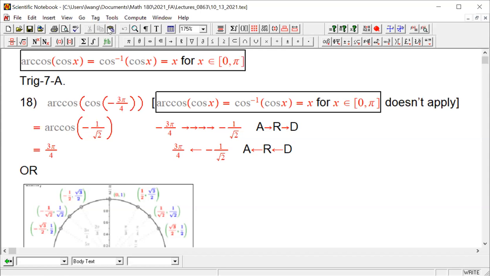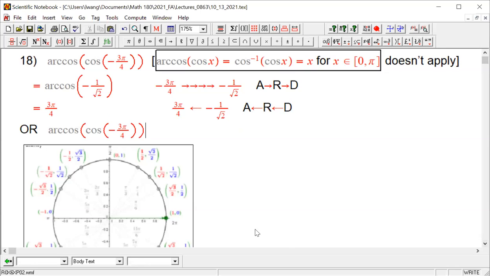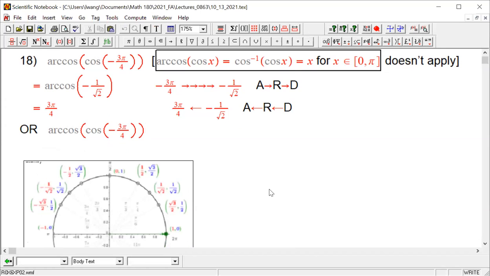We once talked about that cosine is an even function, isn't it? We went through lenses to talk about that even function on graph, on table, and so on and so forth, right? So as an even function, what does that mean?